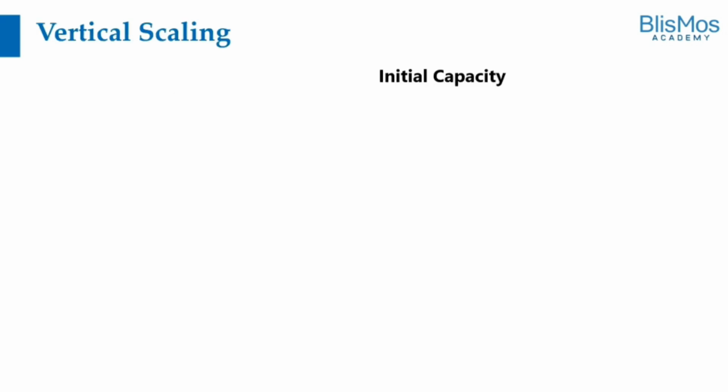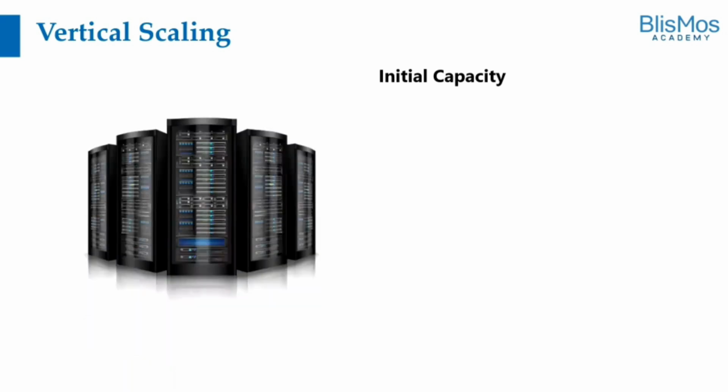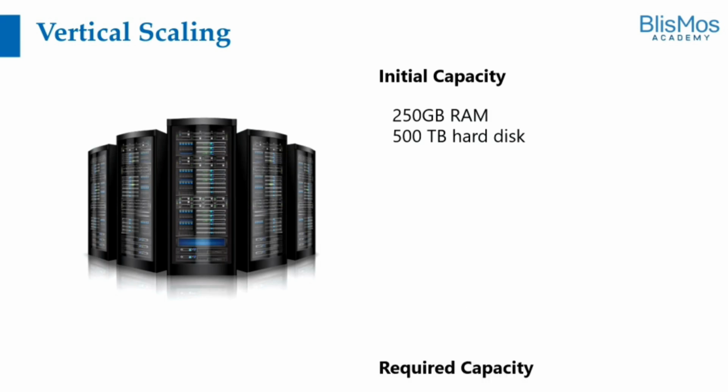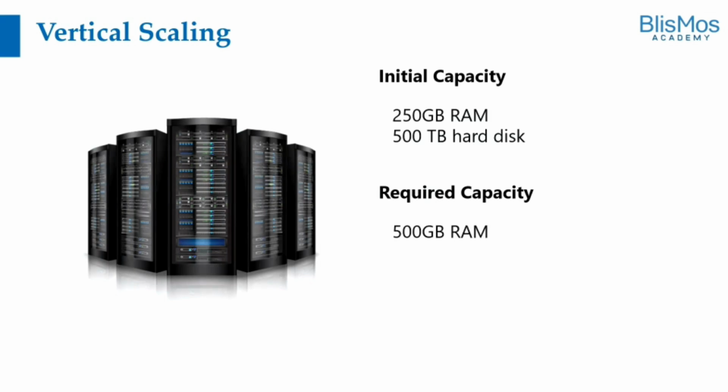Next, in the context of adding more racks, we'll try to understand vertical scaling. Assuming that you have an initial server capacity of around 250 GB of RAM and almost 500 TB of hard disk. Then because of your load, you end up requiring more capacity, almost 500 GB of RAM and almost 1000 TB of hard disk.